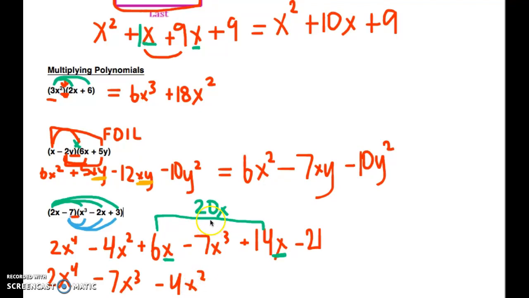And then I've got my degree 1 here. I've combined the 6 and the 14 x's. So we have a positive 20x. And then we're going to subtract 21. And there's my final answer.